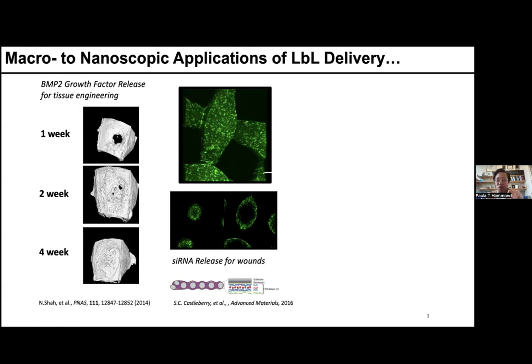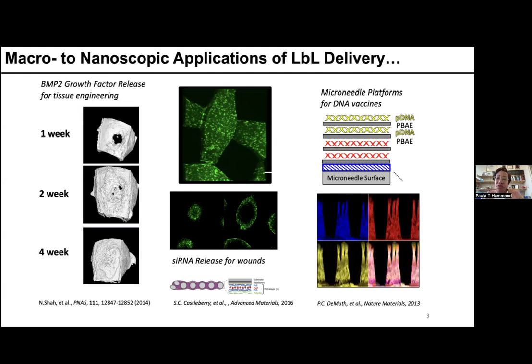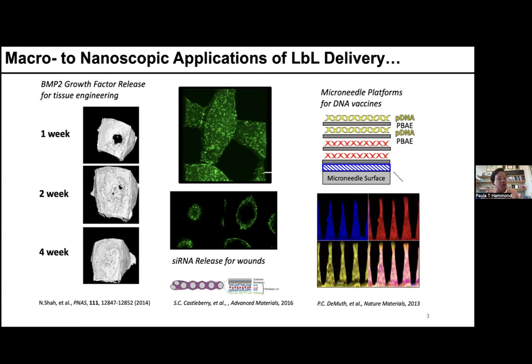So we had projects that looked at siRNA release. And we went down to even smaller length scales by layering microneedle patches that had tiny needles that only penetrate the very top dermis layer of the skin. And we coated those with DNA and used that as a way to create DNA vaccines.